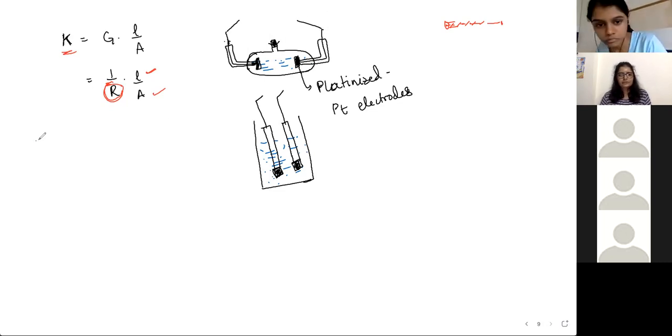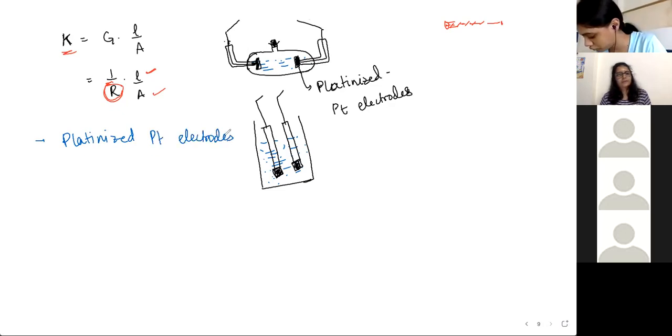The components are, first, platinized platinum electrodes. Platinized platinum is used because it's inert and won't interfere with whatever electrolyte you take.